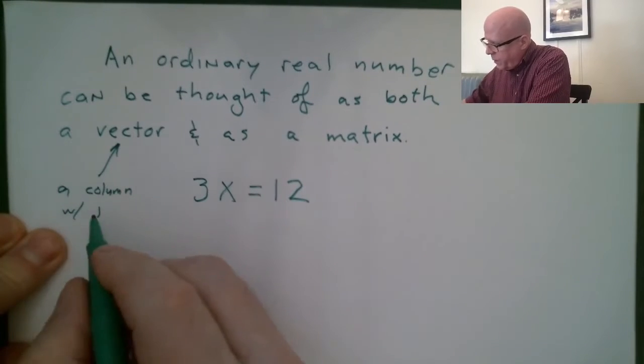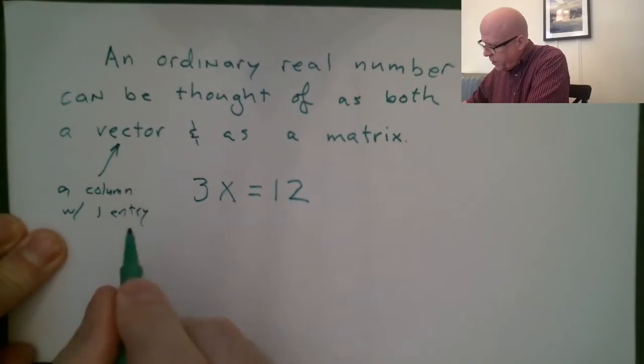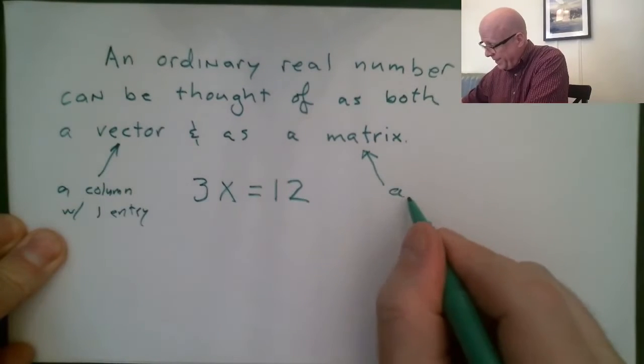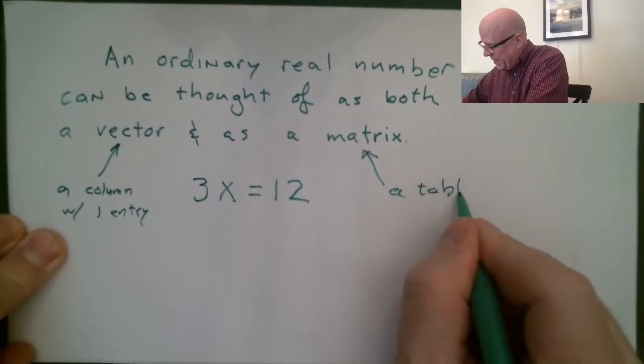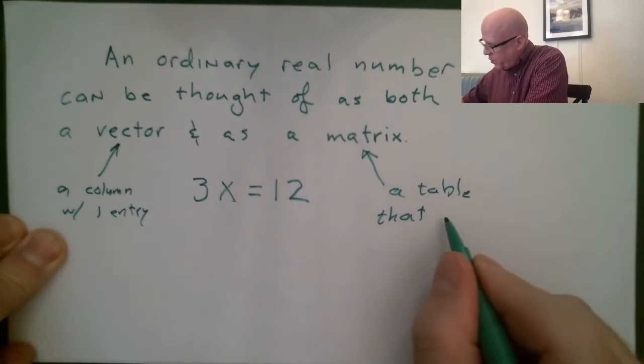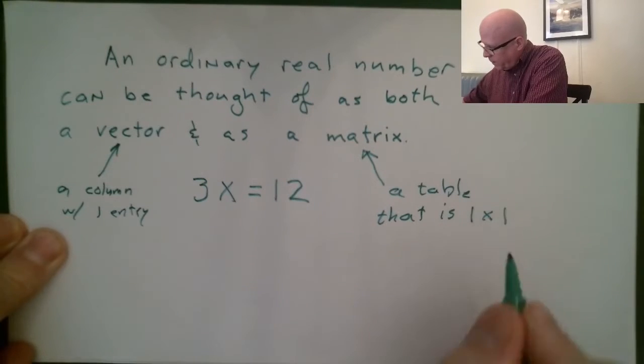But if you think of it as a matrix, what you're thinking about is a table that has one row and one column.